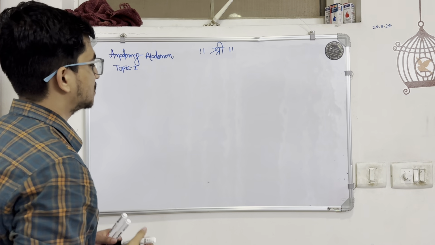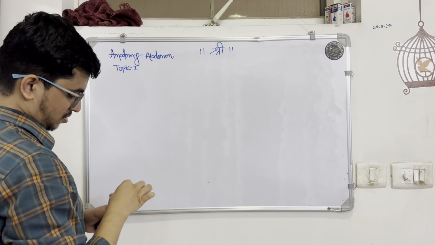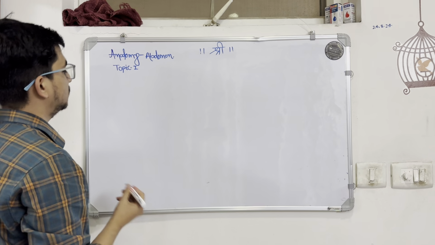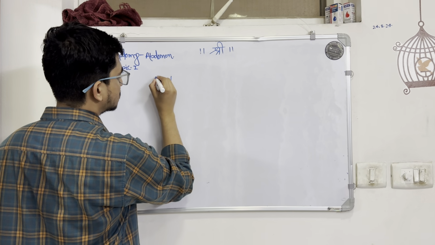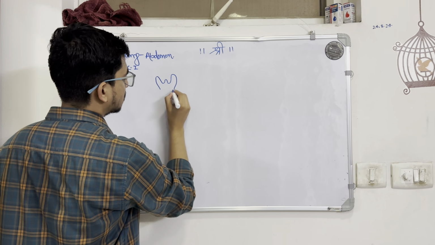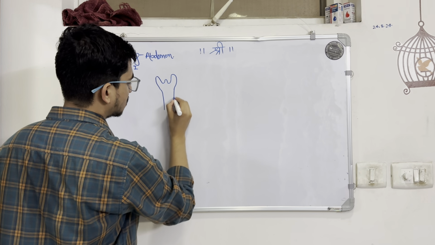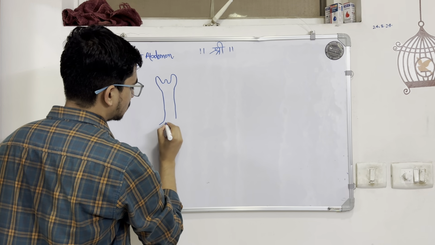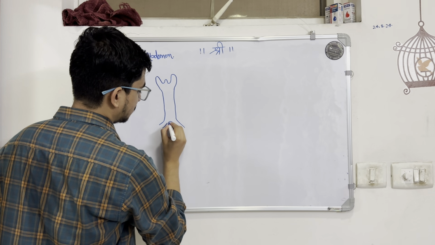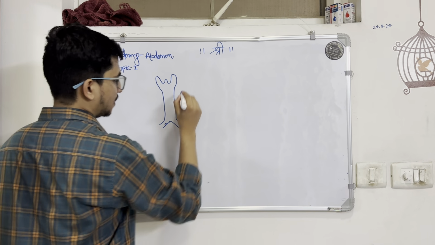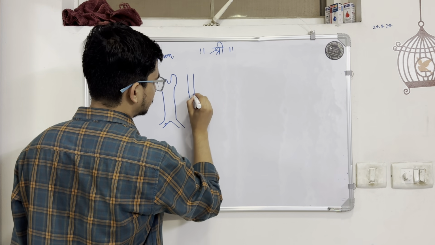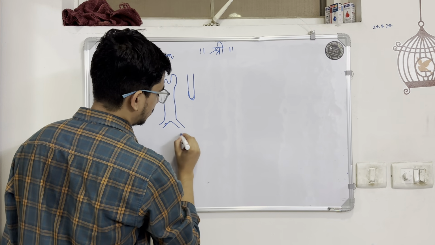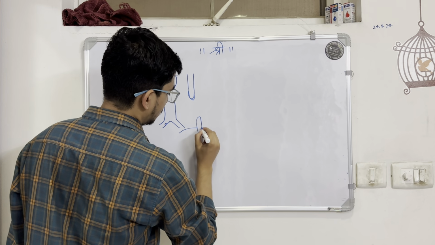First, it is the first type, not the most common. This is the trachea. This is the esophagus, which is not developed completely.